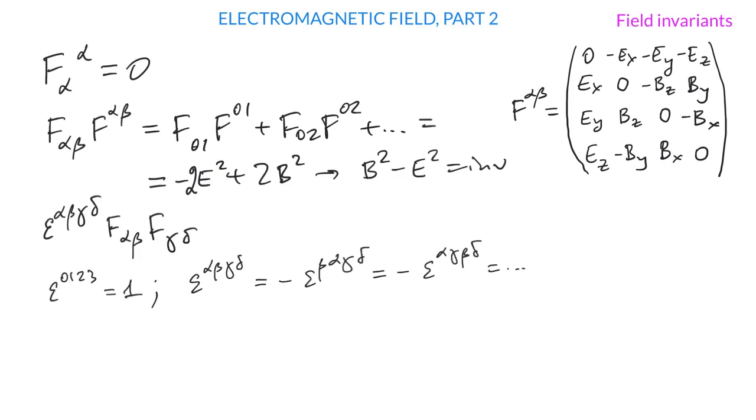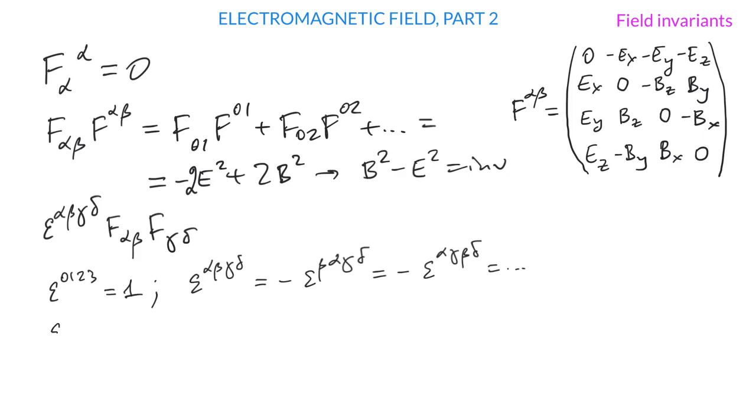An antisymmetric tensor cannot have any two indices equal to each other, because if you permute them, it has to change sign, but it doesn't, so it must be 0. Now, because of this antisymmetry property, any element that is obtained by an even number of permutations of 0, 1, 2, 3 is equal to 1, and any one that's obtained by an odd number of permutations is minus 1.